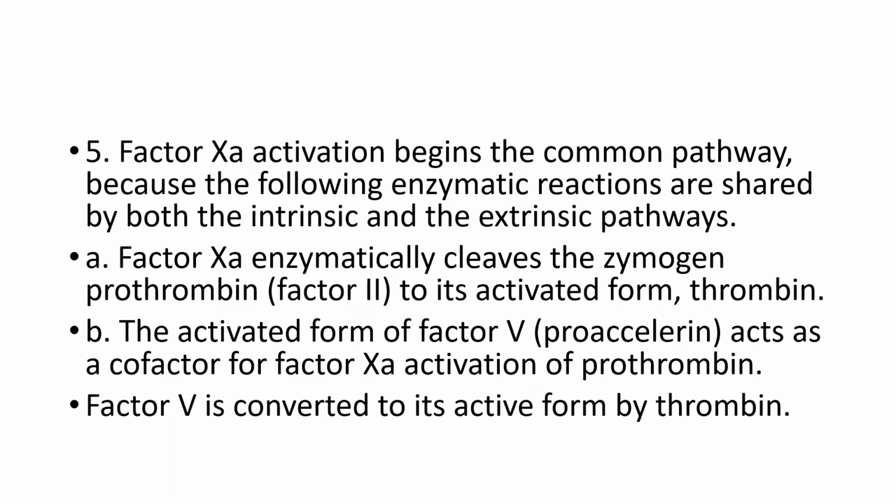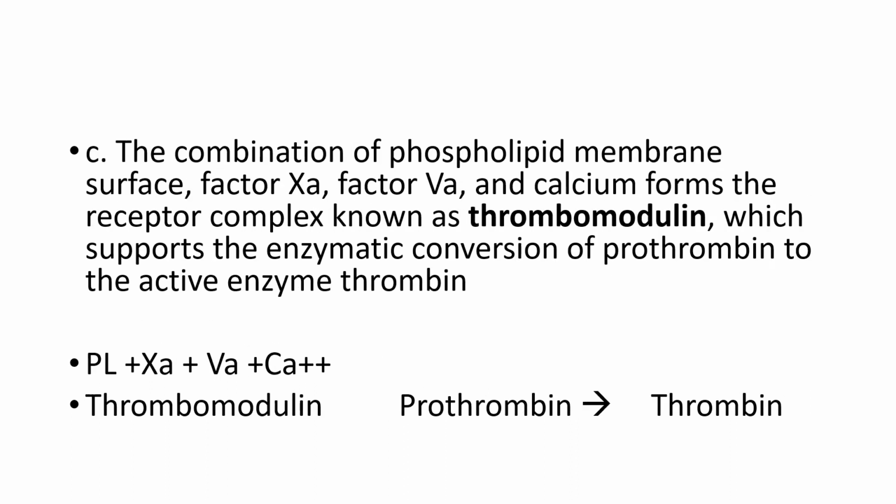Factor 5, when it's converted to its active form, that means 5A, is activated by thrombin. A complex known as prothrombinase is formed when phospholipids, factor 10A, factor 5A, and calcium are combined. This will support the conversion of prothrombin to become thrombin.